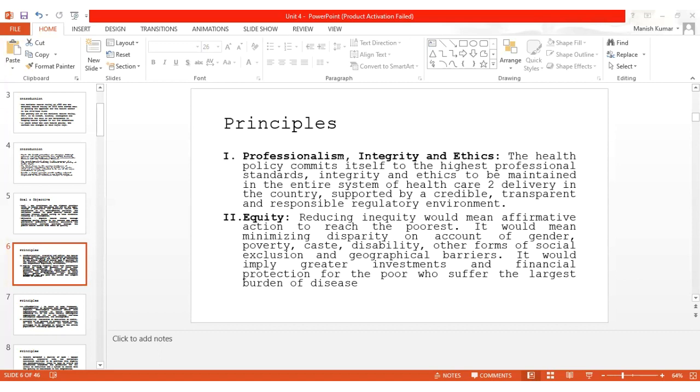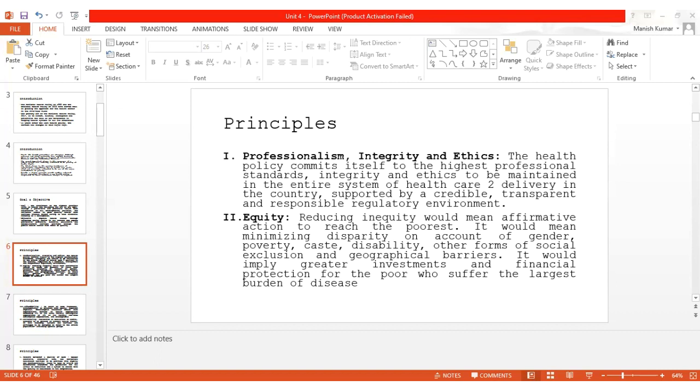And it should be supported by a credible, transparent, and responsible regulatory environment. So the first principle talks about the professionalism and etiquettes of the healthcare service provider, how they should be.